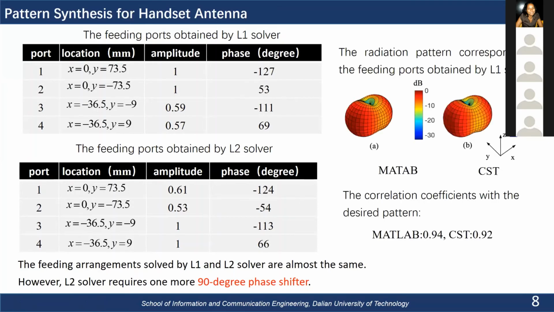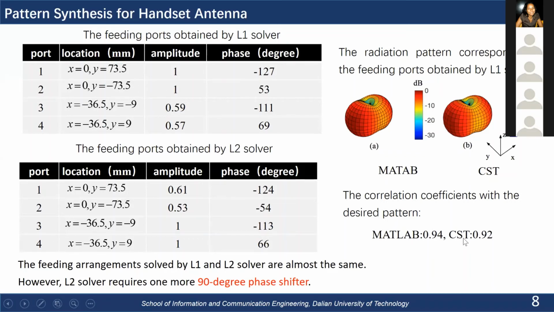And this is what we got after we implement those 4 feeding positions into the chassis, and we carried out one in MATLAB and the other one in CST for real implementation. And now this pattern has a correlation of about 0.9 with the desired pattern. So one thing I want to stress here is that we can even further reduce the number of these feeding points, but the correlation will decrease.